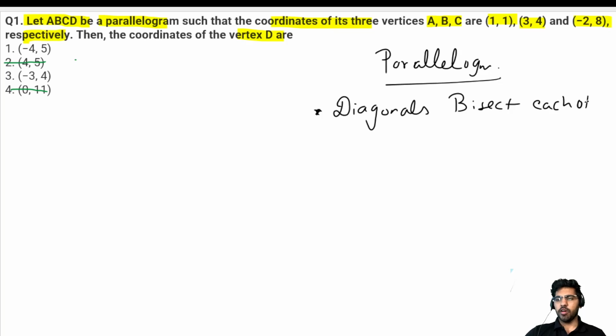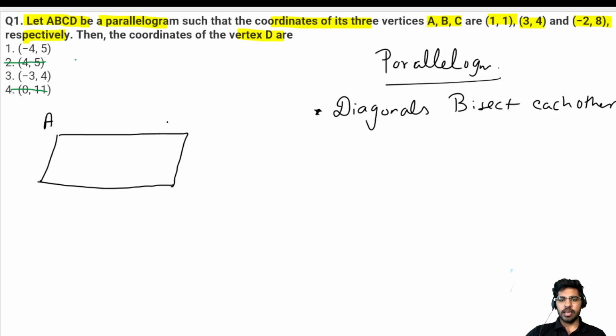They are always going to bisect each other. Let's try to use this property of parallelogram to solve our required question. So we have point A, we have point B, we have point C, and we have a point D. This coordinate is (1, 1), this one is (3, 4), and this one is (-2, 8).